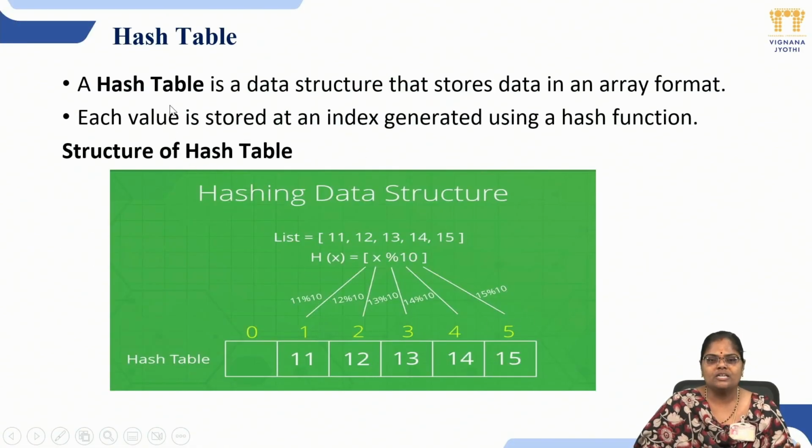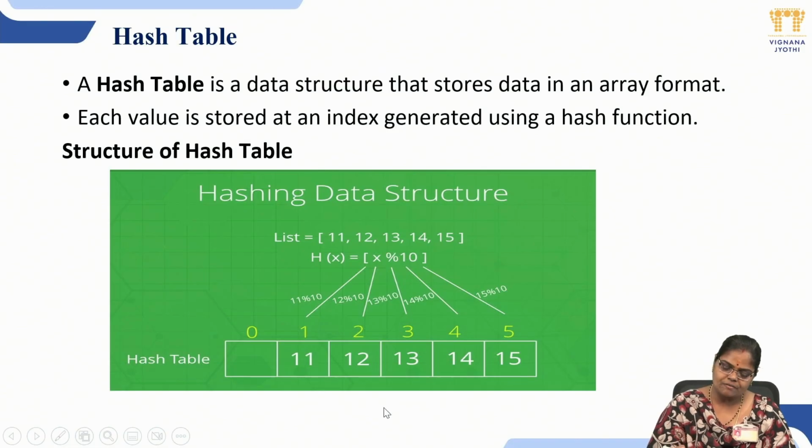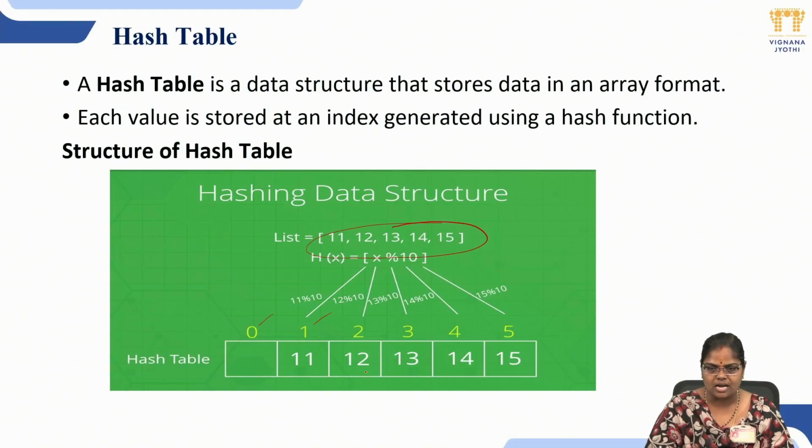Proceeding further, what is a hash table? A hash table can be treated as a data structure or a memory dump which stores the data in an array format. In the example given here, we have a hash table stored in the form of an array having indexing from 0, 1, 2. If I have a list of keys like this, how do we store them into this hash table?